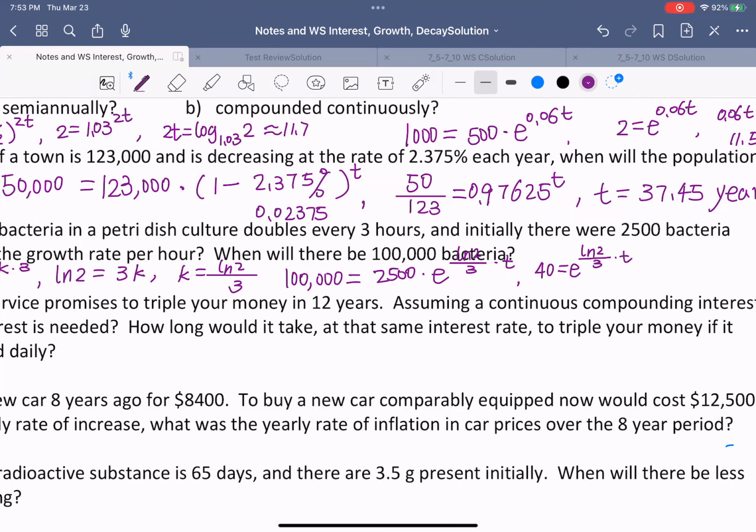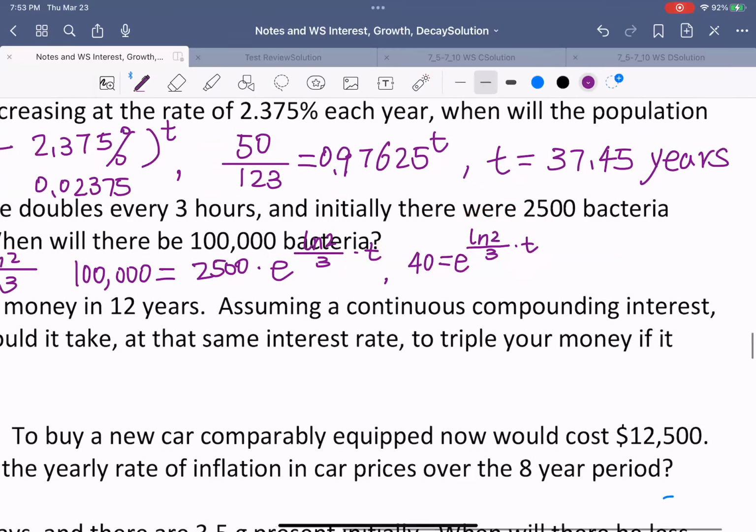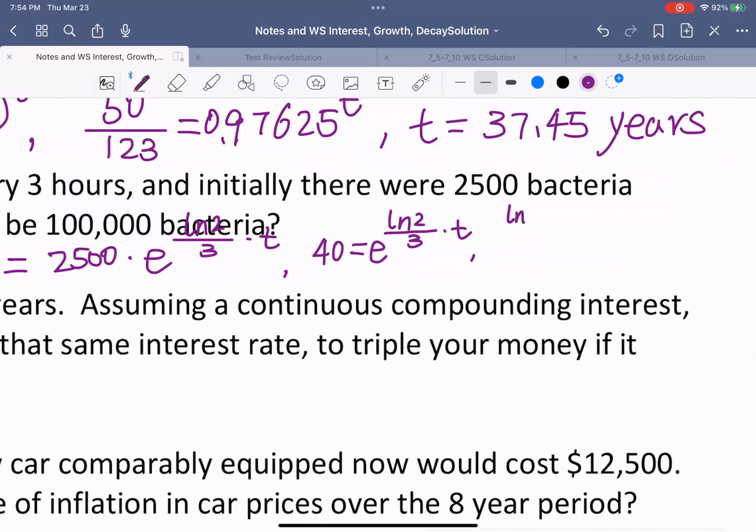So far so good. Yes. And then you want to take the ln of both sides again. Take the ln of this, that's this. Take the ln of this, it's gone. You have this, correct? So ln of 40 equals this.